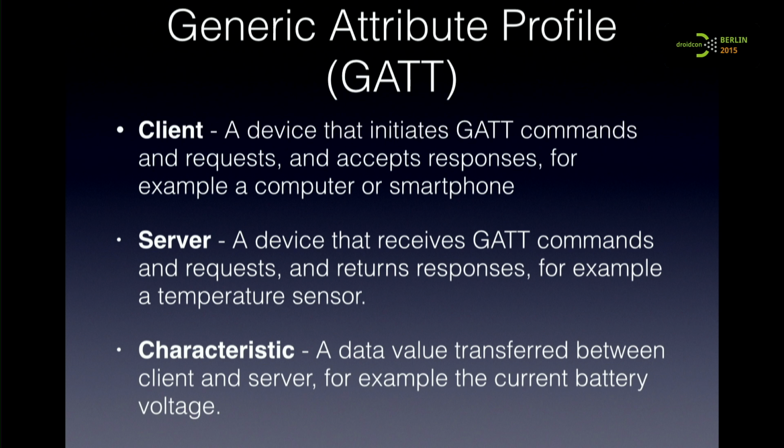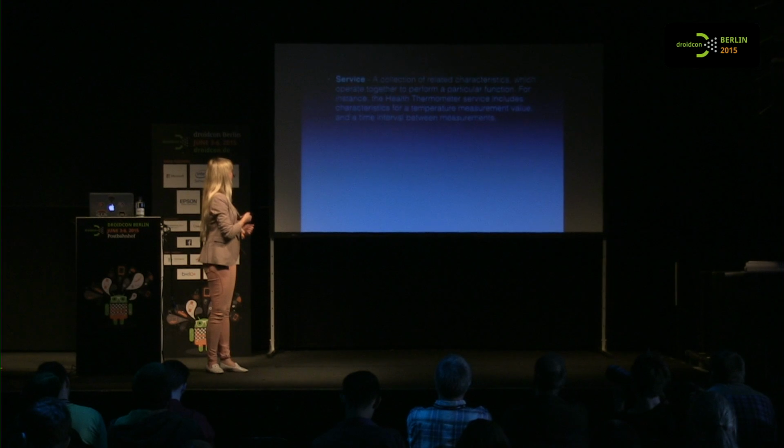The server emits a signal and sends the data. The data is a set of characteristics that contain a value and a descriptor with a human-readable description of the characteristic.